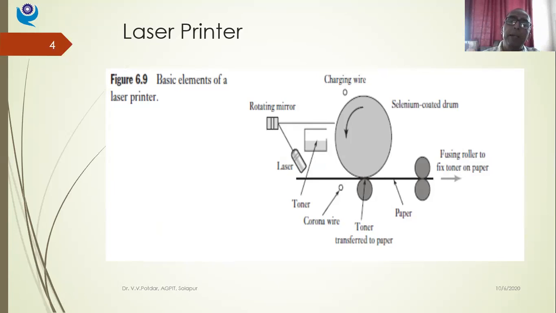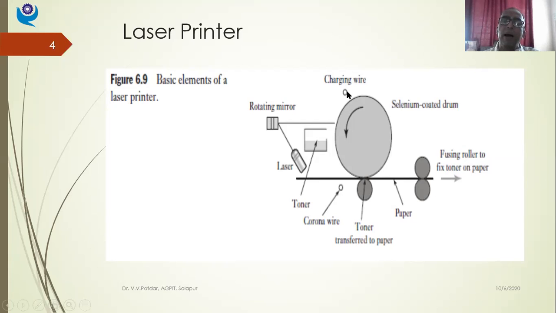Let us be a bit attentive. Whatever data, say I'm studying at KGPIT, is the sentence that is to be printed. Now, that will be reflected through the rotating mirror onto this drum. This drum is a rotating drum. Now, this is a charged drum. Please be attentive.